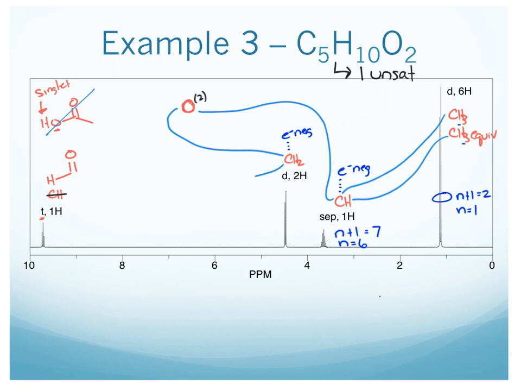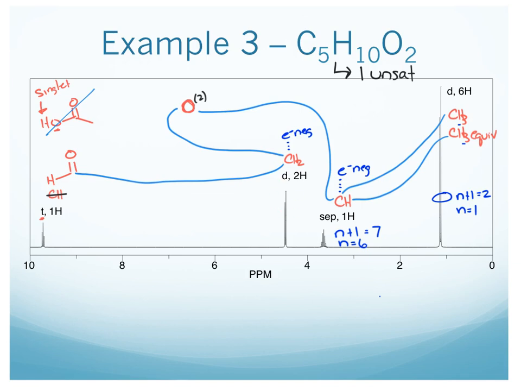Let's connect those together, like that. And that explains why the aldehyde here is a triplet, because n equals 2, so it's connected to this carbon with 2 hydrogen. This CH2 is a doublet, because it's connected to a carbon with 1 hydrogen. So the 1 plus 1 is 2, giving you the doublet.